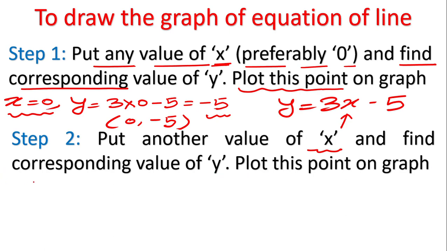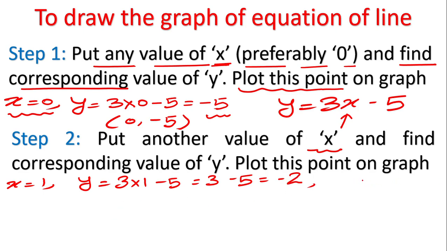So this time, for example, suppose I am taking x is equal to 1. If you put x is equal to 1 there, what will you get? 3 multiplied by 1 minus 5 means 3 minus 5, and 3 minus 5 is minus 2. So what will be the point? The point will be (1, -2). So you will put these 2 points.